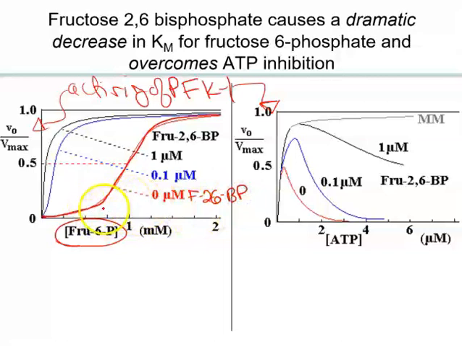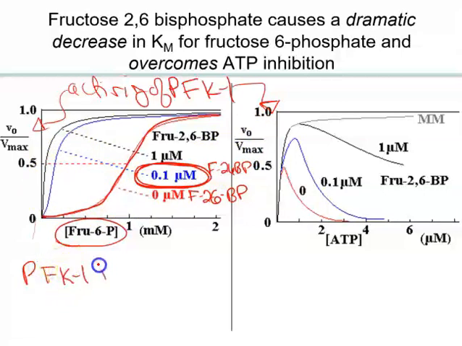And so we have very, very low activity of our phosphofructokinase 1. If we add just a very small amount of fructose 2,6-bisphosphate, we get a huge increase in the activity of our PFK1.